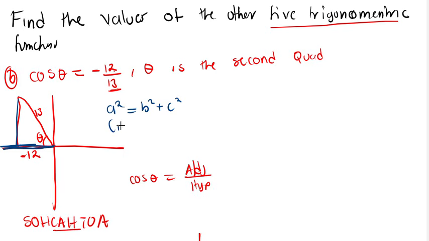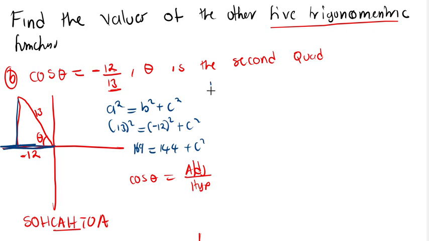The hypotenuse is 13, equal to b, which is negative 12, squared plus c squared. So if I say 13 squared, the answer that I'll get is 169, right? 169 is equal to 144 plus c squared.